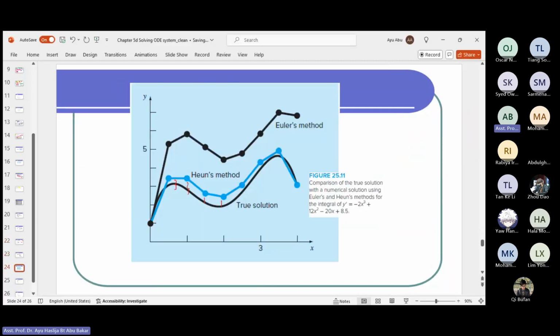This is the representation of Heun's and Euler's. This is the true solution. So with Euler, you can see there are still big errors. When you use Heun's method, the corrector, you get a smaller error.